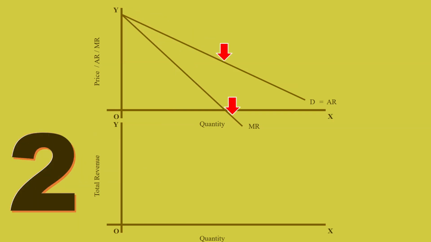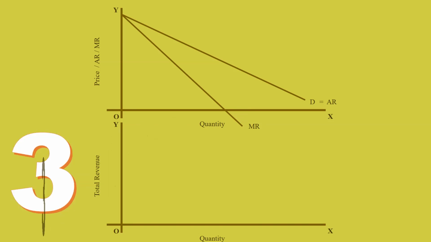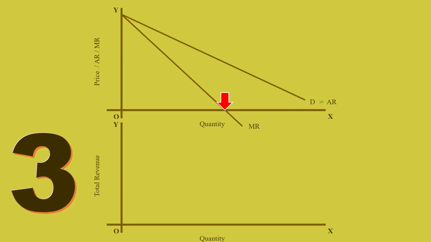When average revenue falls, marginal revenue falls faster than average revenue. 3. Marginal revenue can be zero and even becomes negative. But average revenue is always positive because price can never become zero or negative.